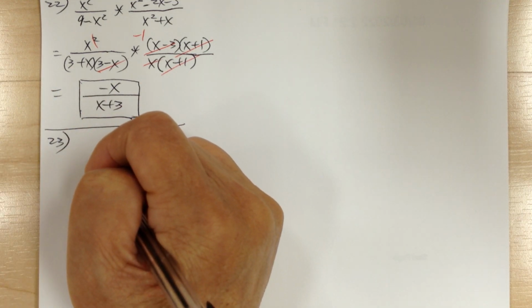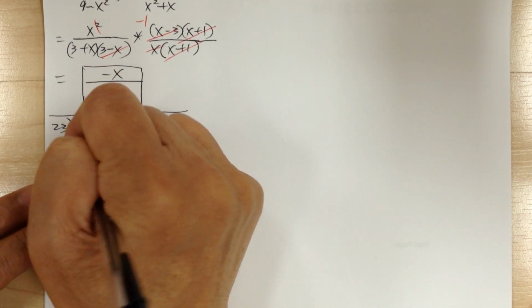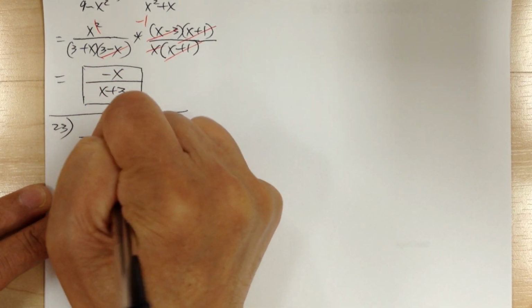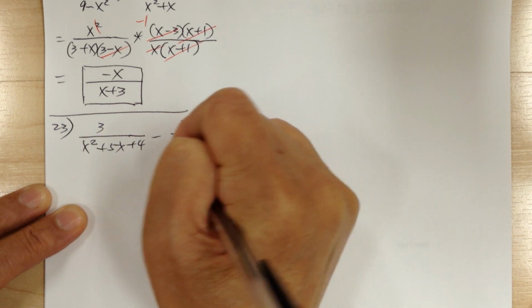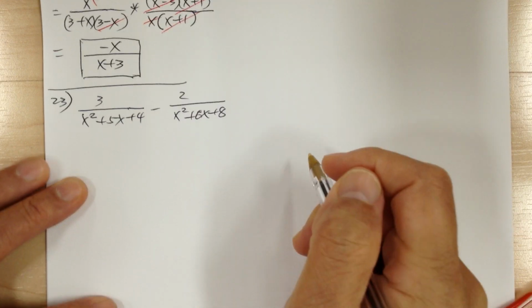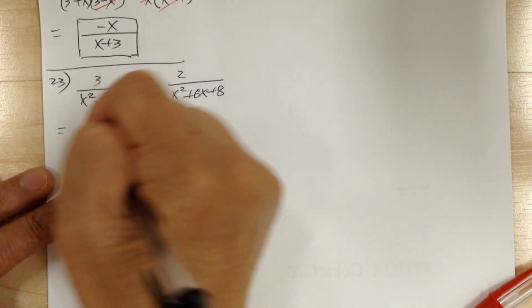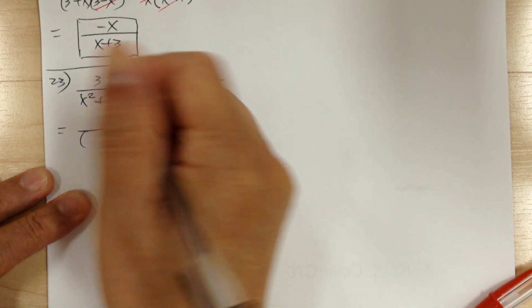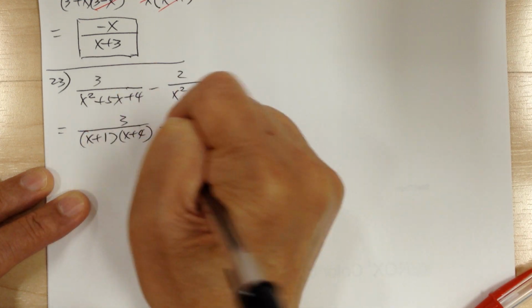Okay, next one. You have 3 over x squared plus 5x plus 4 minus 2 over x squared plus 6x plus 8. As soon as you see addition or subtraction, you have to factor before you can get your LCD. So this would be x plus 1, x plus 4.